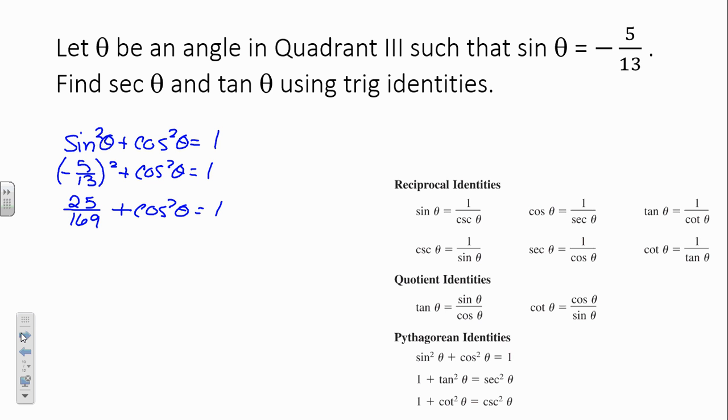Okay, so cosine squared will be equal to 169/169 minus 25/169, which is 144 over 169. So if the cosine squared is 144 over 169, what's the cosine going to be? 12 over 13.